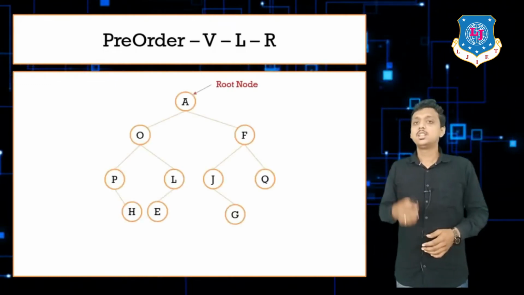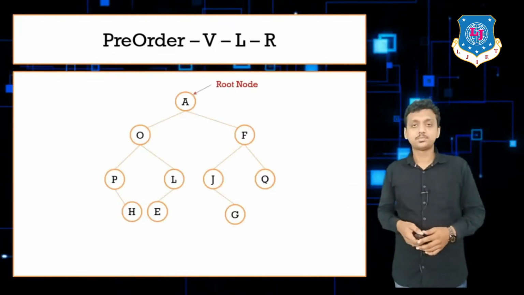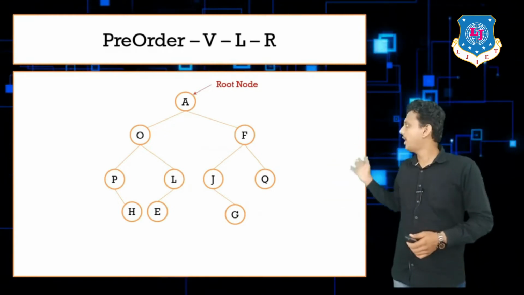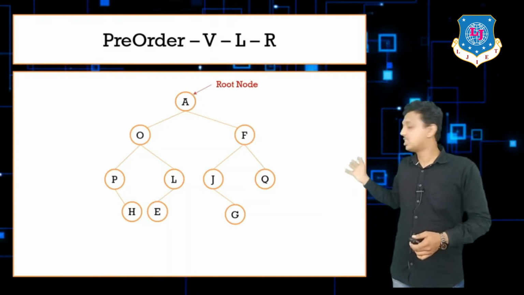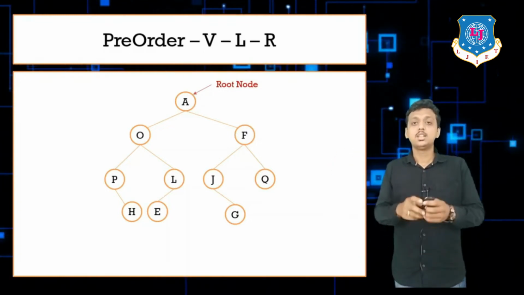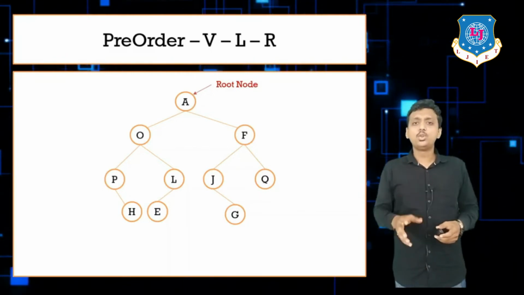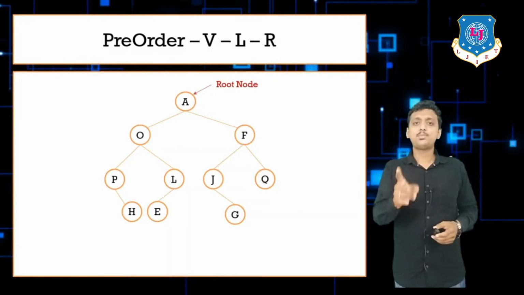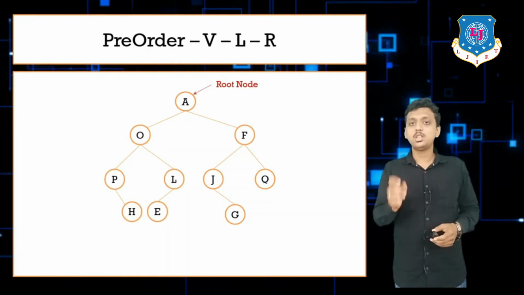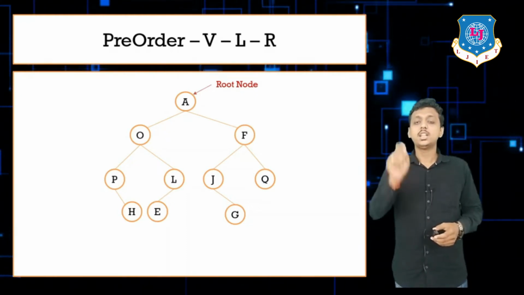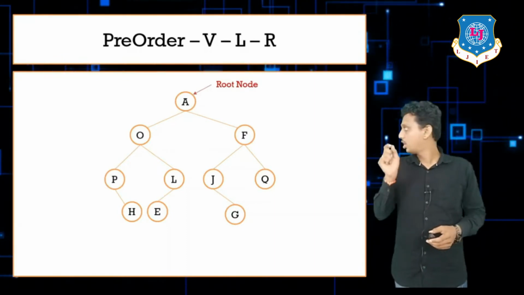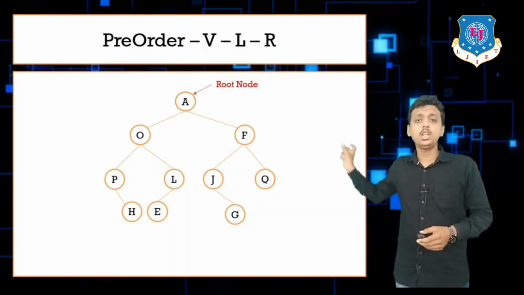So here this is the tree. It is the same as the previous examples: A, O, F, then P, L, J, G, and H, E, Q. Very first step to start any traversal is to write VLR, LVR, or LRV above the nodes.